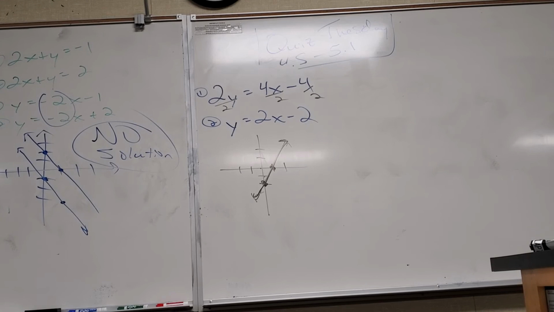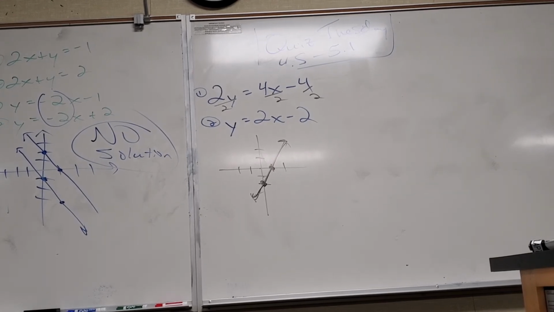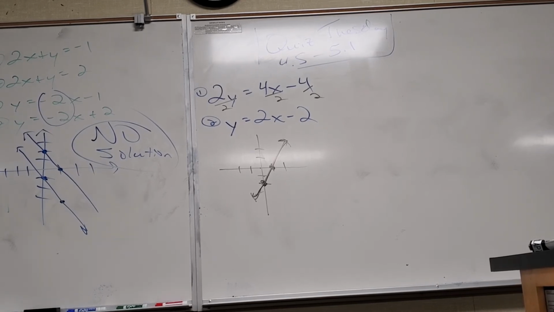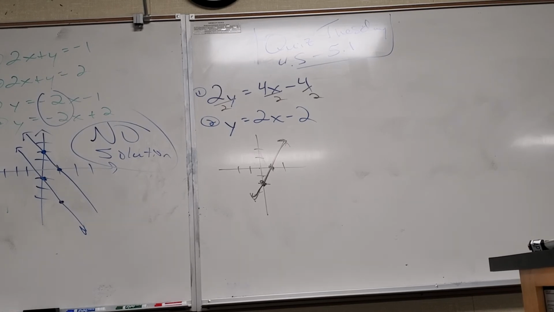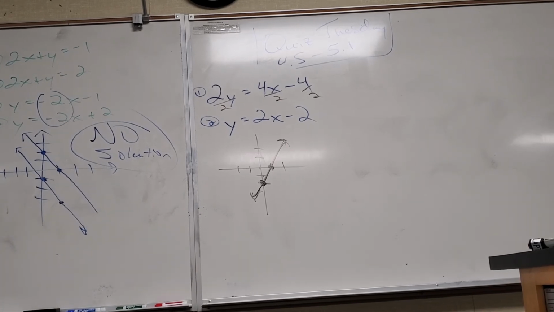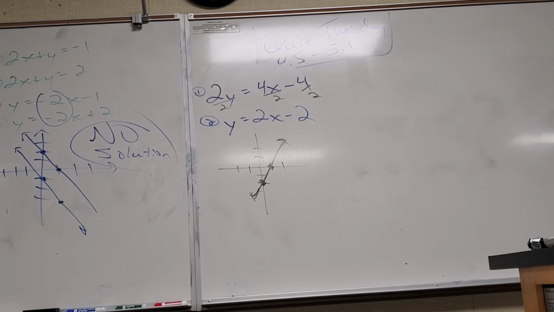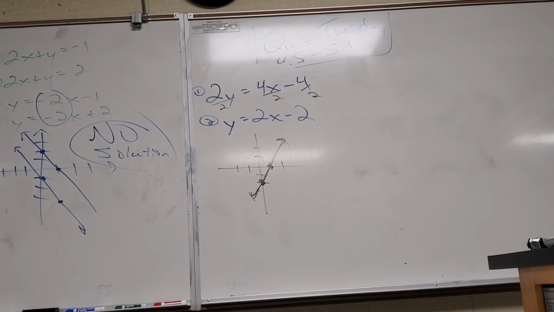If I say she's half as old as I am, don't you already know I'm twice as old as she is? Did I just tell you something new? No. So aren't these both the same equation? I didn't really get more information.